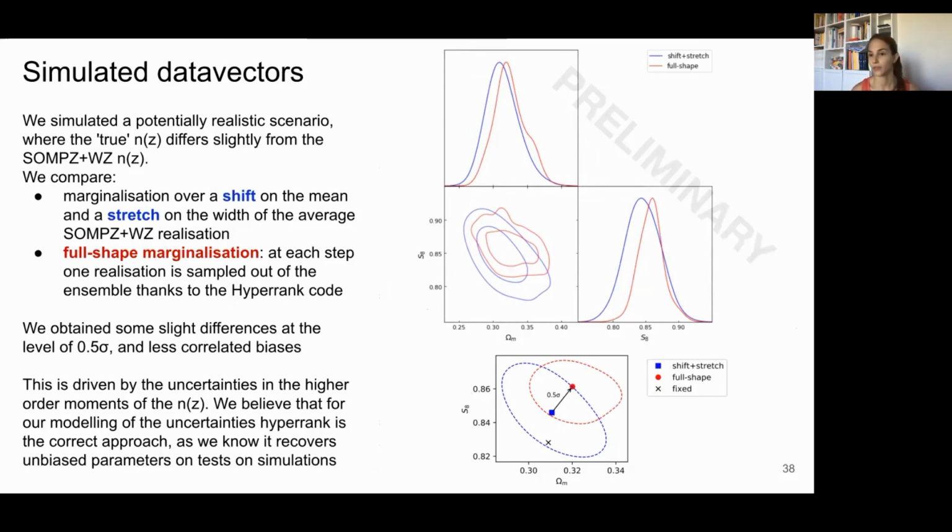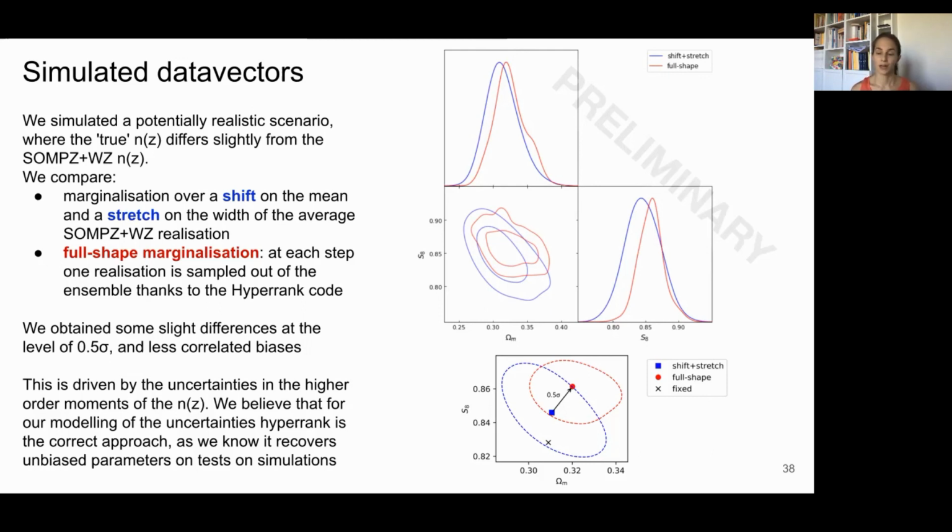The first is the fiducial, marginalizing over a shift on the mean and a stretch on the width of the average SOMPZ plus WZ realization. And then the full shape marginalization, so that at each step of our chains, we are sampling out one realization out of the ensemble using the HyperRank code to optimize and make more efficient this sampling.